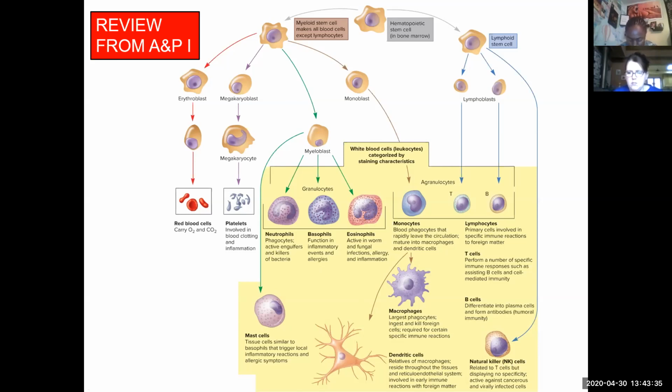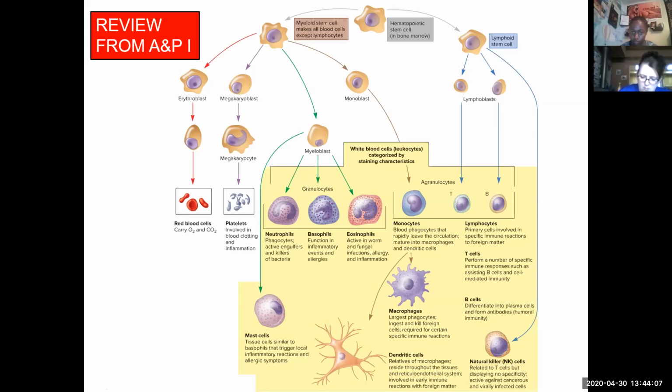What this is basically saying when it says displaying no specificity is it doesn't act like the T or B cell does, which is able to respond to a specific foreign invader. It responds to a specific antigen. This natural killer cell is like an all-encompassing cell that will attack any and all foreign invaders. It doesn't necessarily target a particular type.